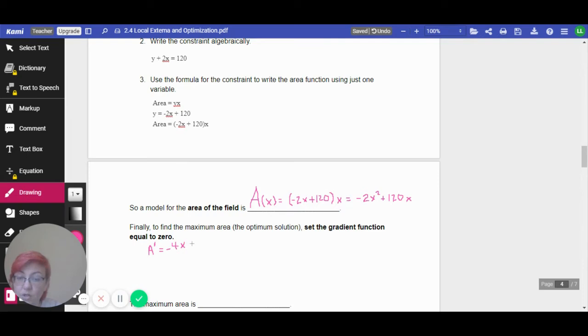And then 1 times 120 is 120. X to the 1 minus 1 is x to the 0, so that doesn't go anywhere. Alrighty, and so we find here negative 4x plus 120 is our gradient function.